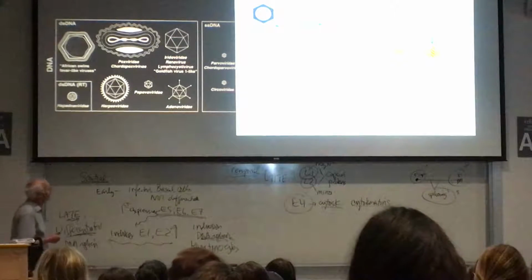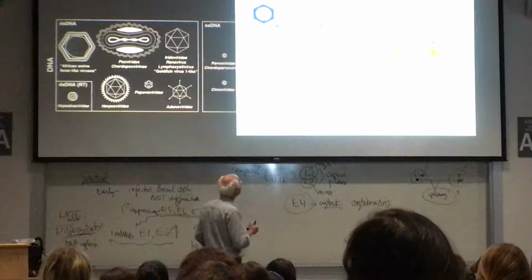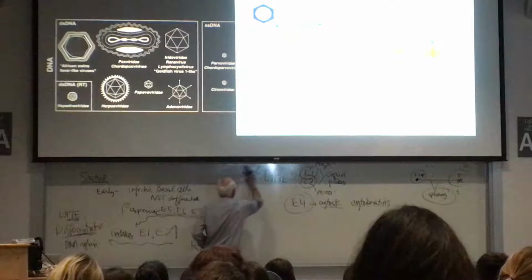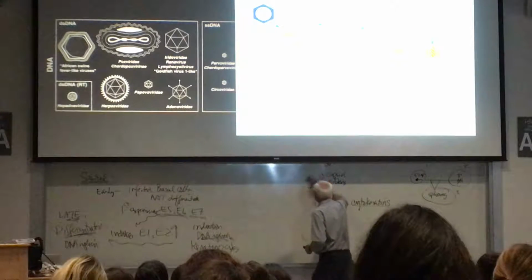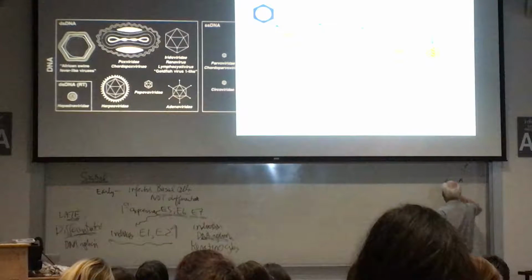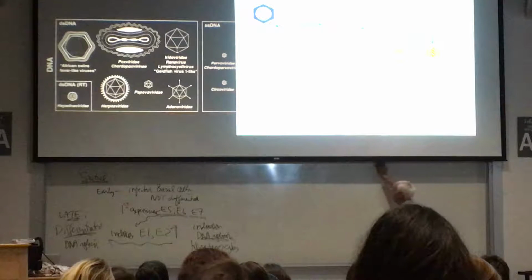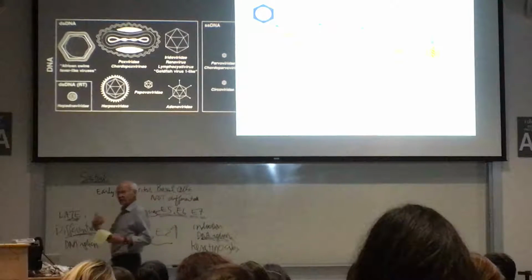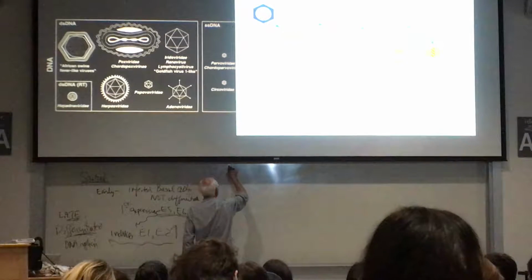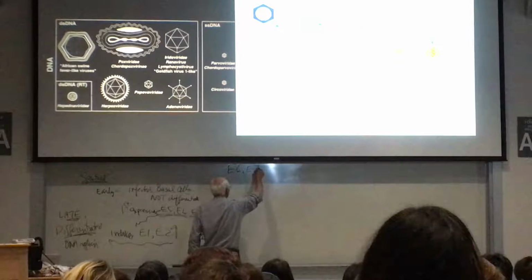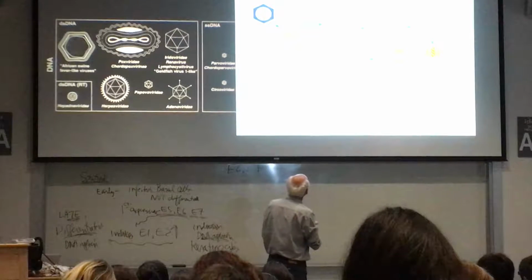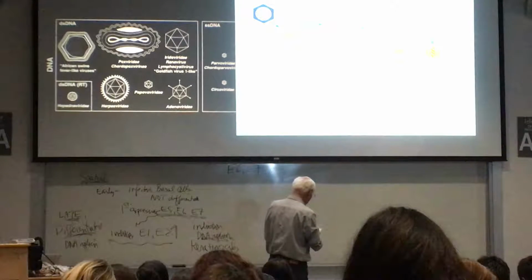So back to E6 and E7. How are E6 and E7 functioning then to mediate the change in growth control of the epithelial cell and differentiation status? So E6 and E7 work by inactivating cellular protein targets.